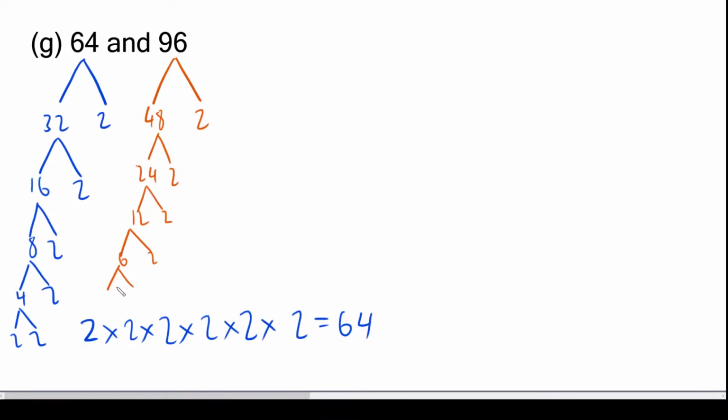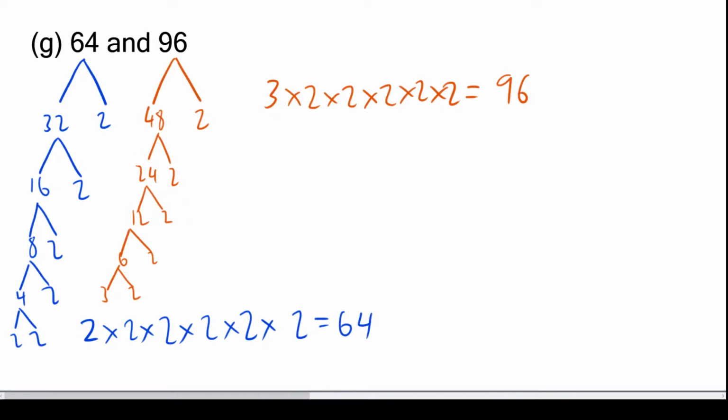And then 3 times 2. So it's a little bit different. I'll do it up here: 3 times 2 times 2 times 2 times 2 times 2. Okay, so that equals 96.